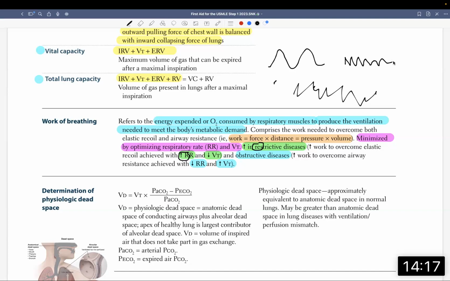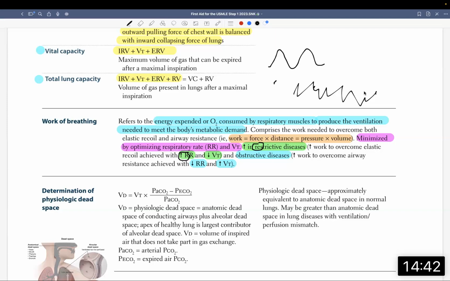The airway problem, right? For example, like COPD, obstruction is mainly the airway problem. So here also work is increased. But here they will be breathless, right? Like asthmatic patients, they'll be breathing higher and with less respiratory rate. Sorry, Nilu, you were saying something?